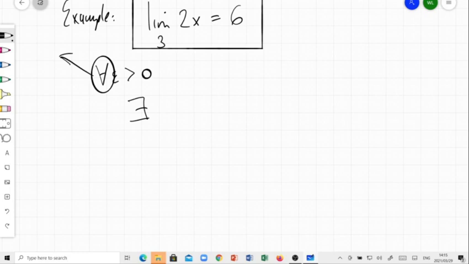This upside down A means for every challenge epsilon about 6.